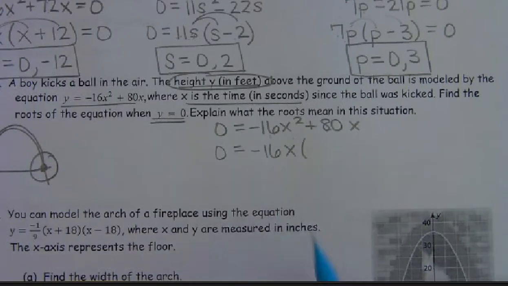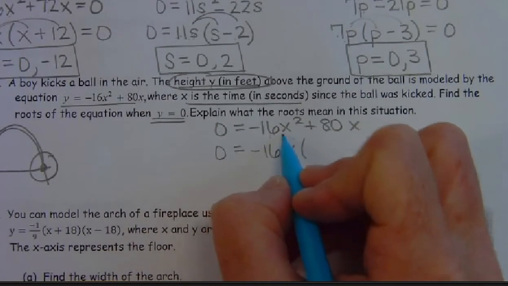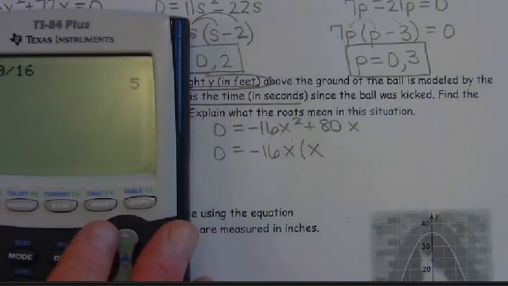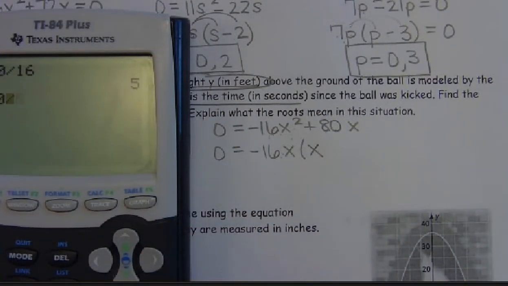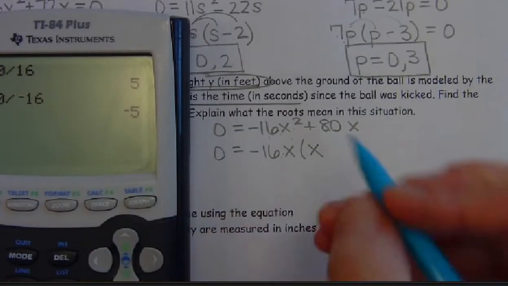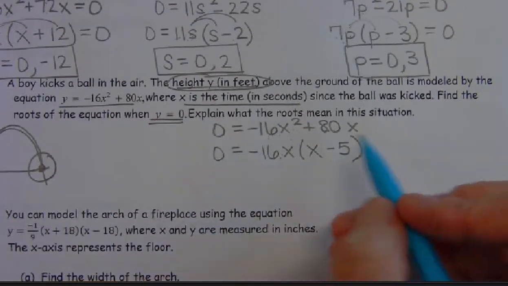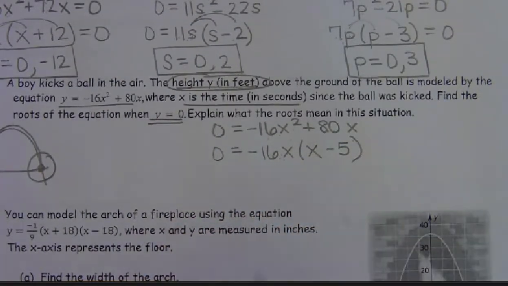And when I do that, this and this are almost the same except I'm missing an x. If you can't do this in your head, just take 80 and divide it by negative 16, and you will see that this times negative 5 gets me to the 80, and I already have my x. So if I were to distribute this, I would get negative 16x squared plus 80x.